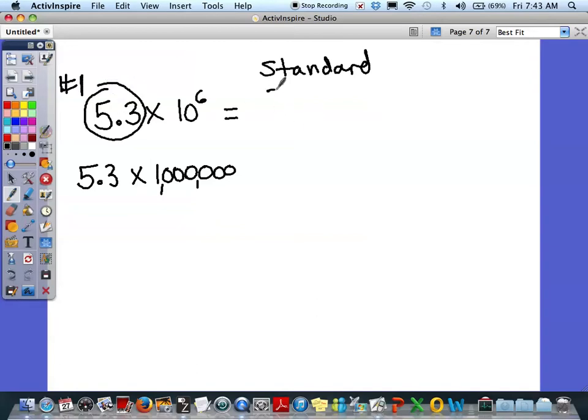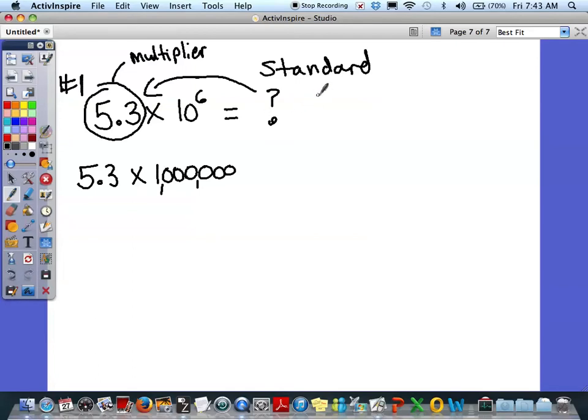Whatever you write where I just wrote the question mark is going to become larger than the 5.3. Here's a vocabulary word for you: 5.3 in this case is called the multiplier. I'll refer to that now in scientific notation as the multiplier. Why do we call it the multiplier? Because it's the number being multiplied by a power of 10.